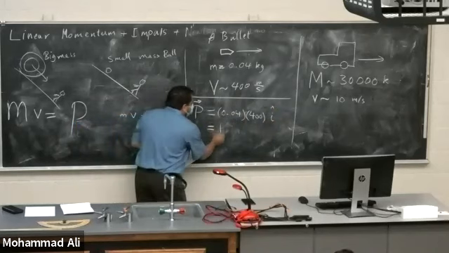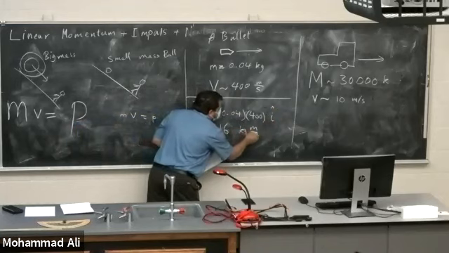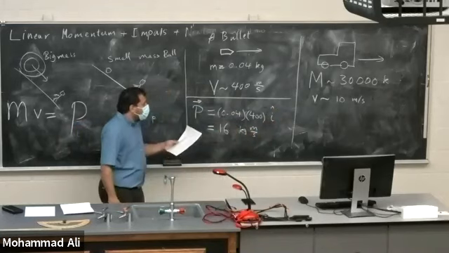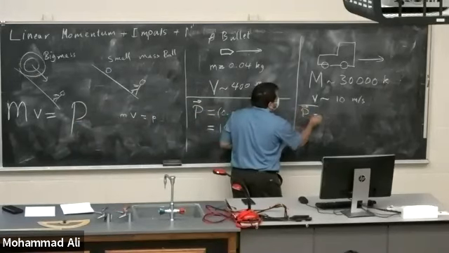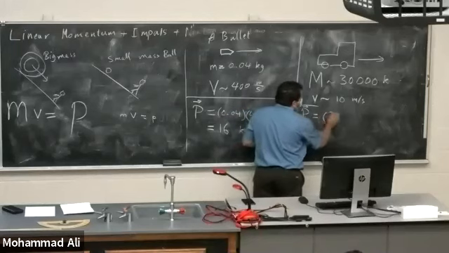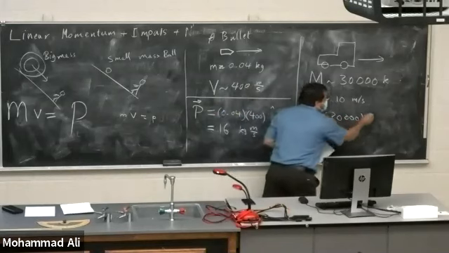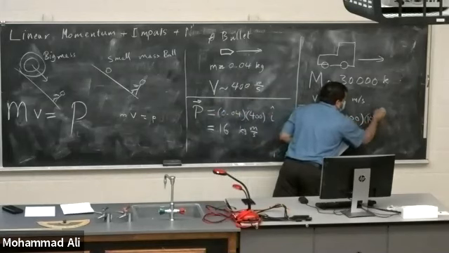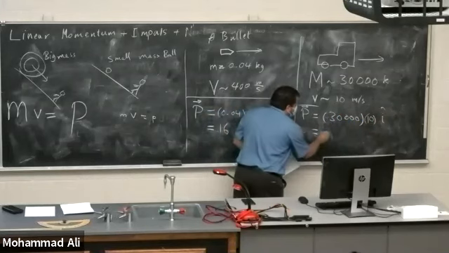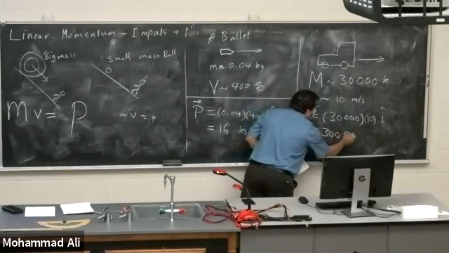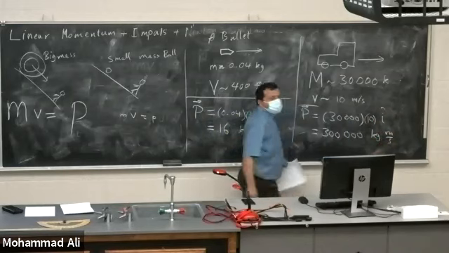Just 16 kilogram meter per second, just like that. What about the train? The momentum for the train is equal to the mass, which is 30,000 kilograms, multiplied by this small velocity in the positive x direction. It's simple to find. It's 300,000 kilogram meter per second.